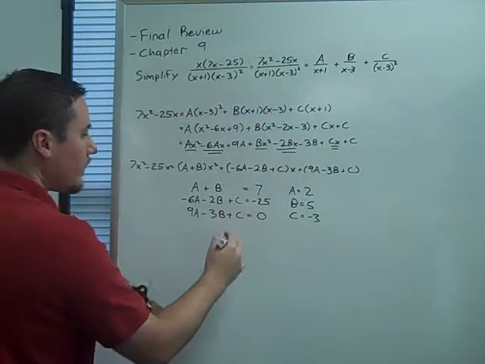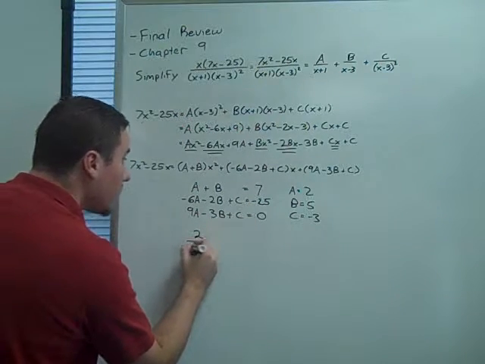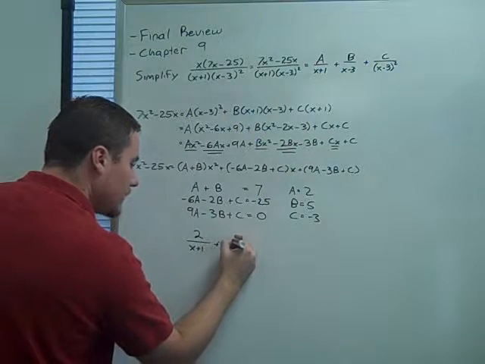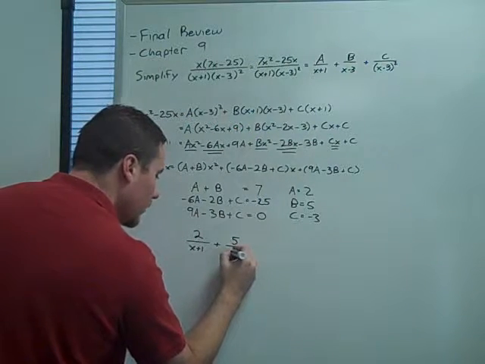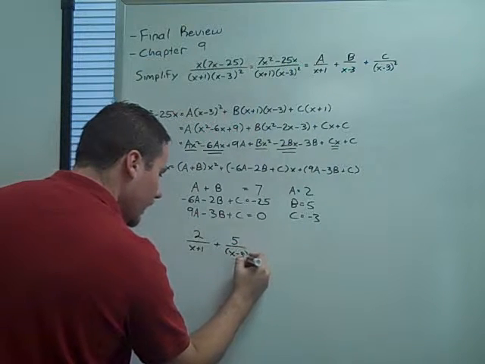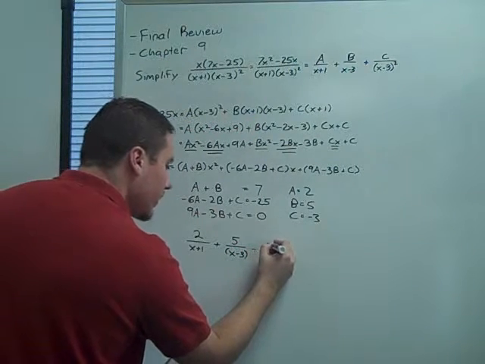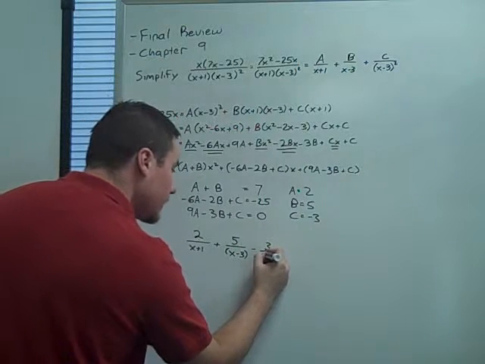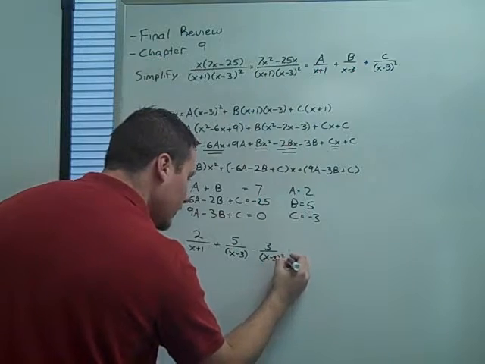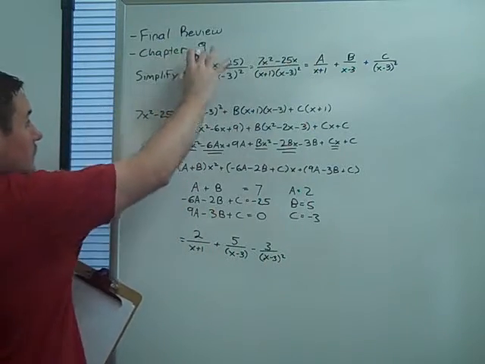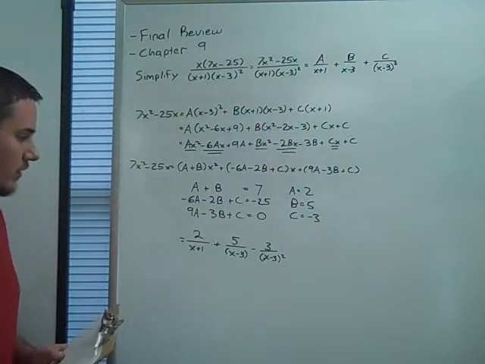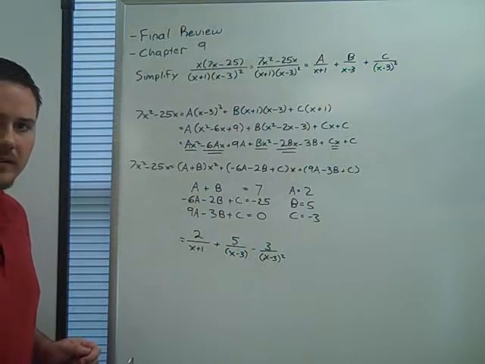Now, when we put all this together, we get 2 over x plus 1 plus 5 over x minus 3 minus 3 over x minus 3 squared. So this whole fraction, when we decompose it, is just that series of partial fractions.